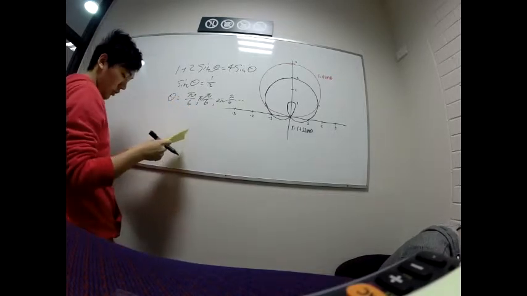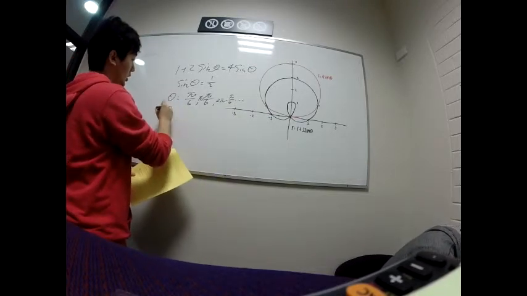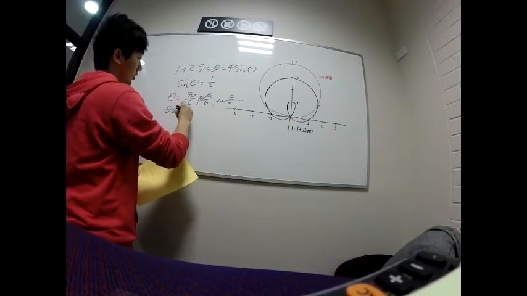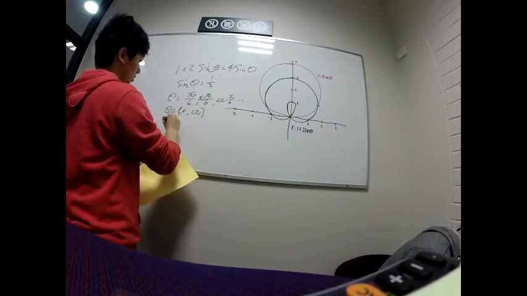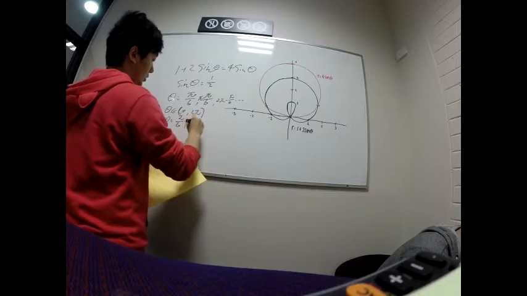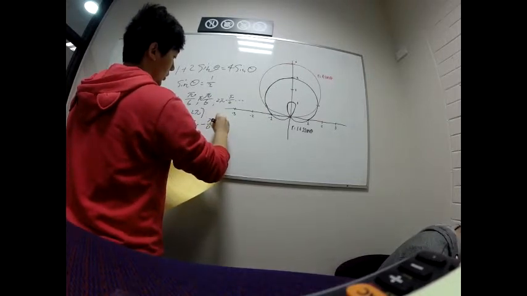As the picture requires, we just take theta from 0 to 2 pi. So then we have theta equals pi on 6 and pi minus pi on 6, which is 5 pi on 6.